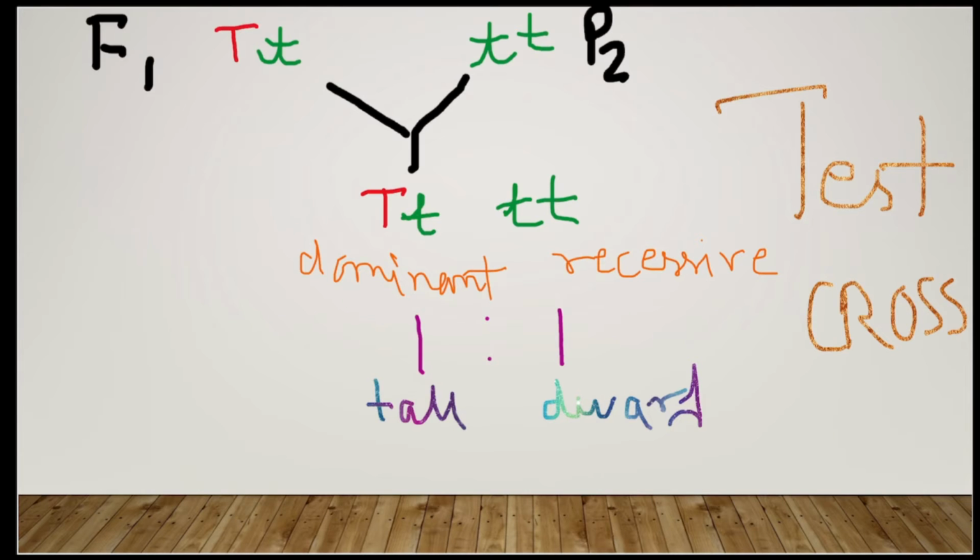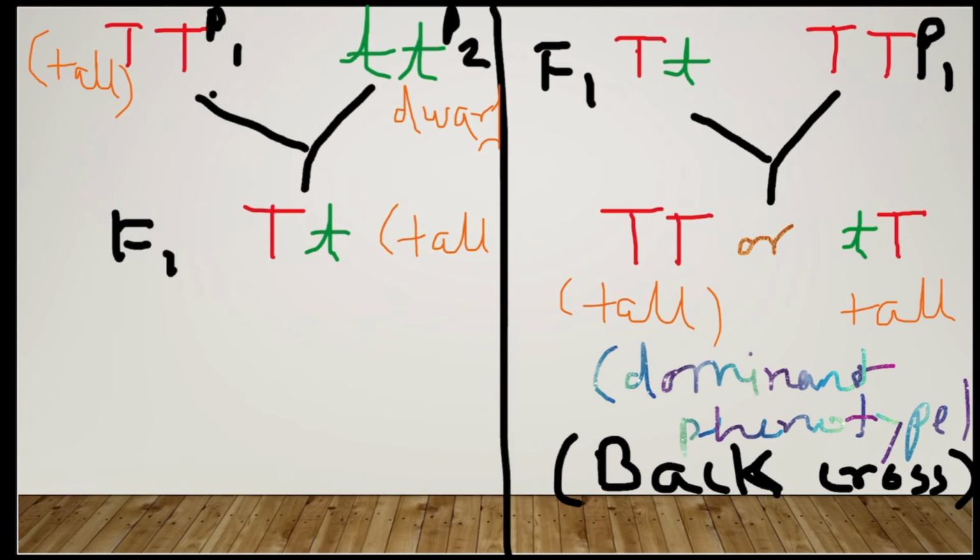So by doing a test cross, we are finding that the next generation, or offspring, is having both characters, dominant and recessive, and the ratio of both characters is 1:1. We were not finding the same result in the back cross.